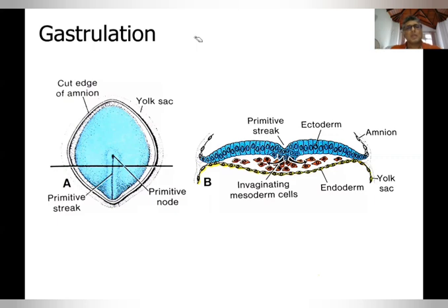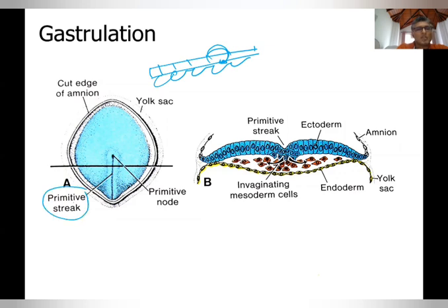If you take the 2 layers, epiblast above and hypoblast below, cells from the epiblast migrate in between the 2 layers through what is called a primitive streak. You don't have to remember the name again. It's a slit-like opening in the upper layer, the epiblast.